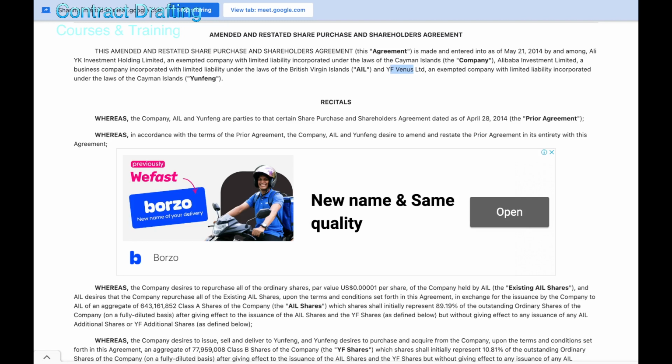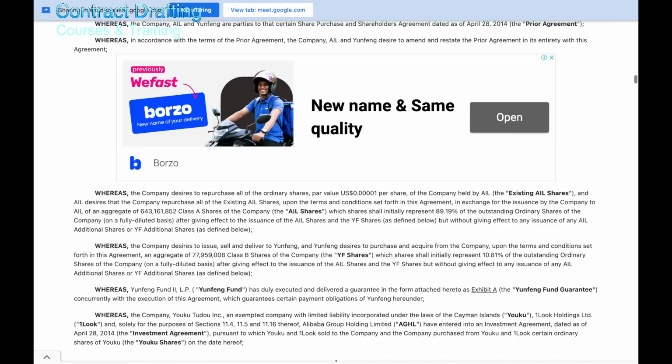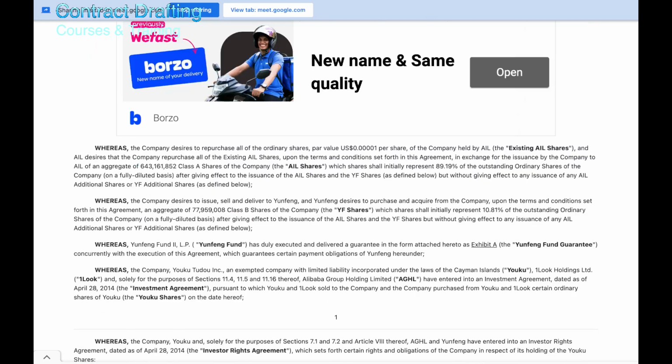Then there is the second sentence which says, in accordance with the prior agreement, the company, AIL and Yunfeng desire to amend and restate. So the object of this agreement is the amendment of the prior agreement. Third says the company desires to repurchase. So there was a purchase, now they want to repurchase all of the ordinary shares, par value so and so per share, of the company held by AIL.